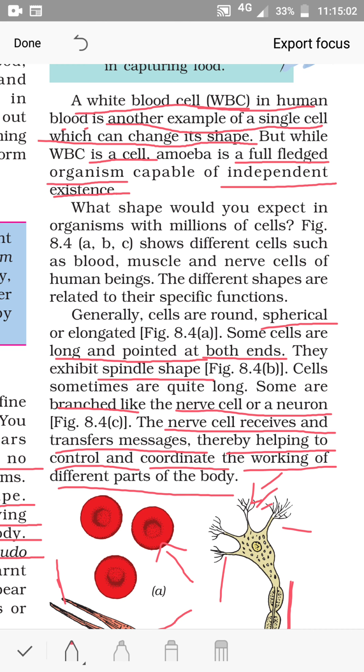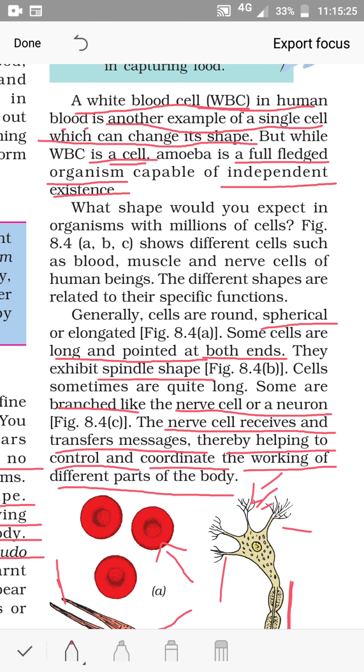But a white blood cell is a cell, whereas amoeba is a full-fledged organism capable of independent existence. That is, it is an organism, and it is a self-sustaining unit. That is, it shows all the life processes shown by the multicellular organism.